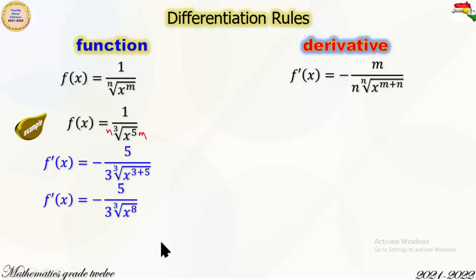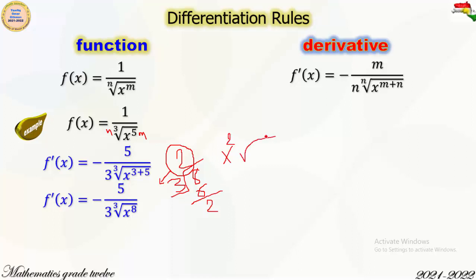Now to simplify this one, divide 8 by 3. 8 divided by 3 is 2, 2 times 3 is 6, 8 minus 6 is 2. Here, this 2, the result of the division, is the power of x outside the root, which means x square.